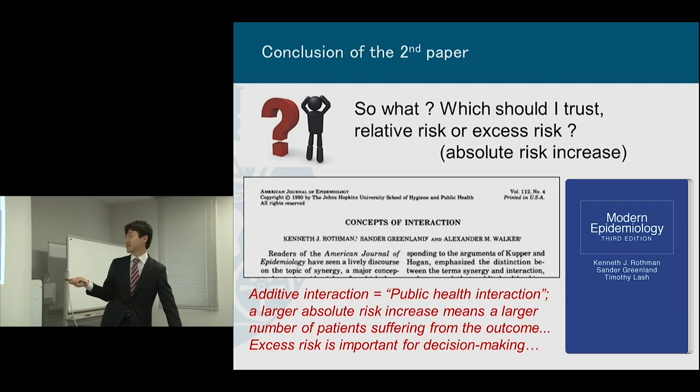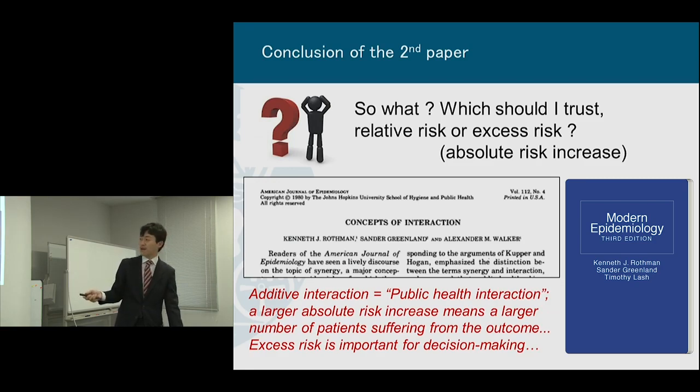And as far as Rothman says, if you compare relative risk and excess risk, additive interaction may be more important, named public health interaction, because a larger absolute risk increase means a larger number of patients suffering from GI bleeding due to the drug. So excess risk is important for decision making in clinical practice. So he suggests focusing on excess risk.